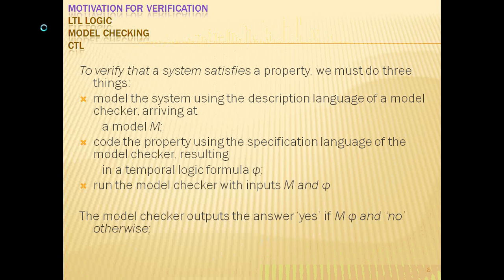And then we will run the model checker with the inputs as the model which has been described using the description language and the specification language which is used to code the property to be verified. Then once we run the model checker will output the answer either yes if this model satisfies that specification or no otherwise.